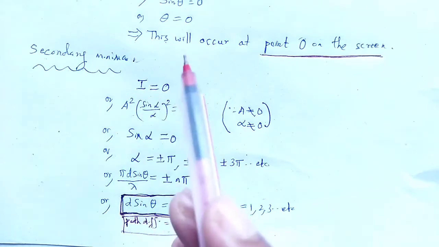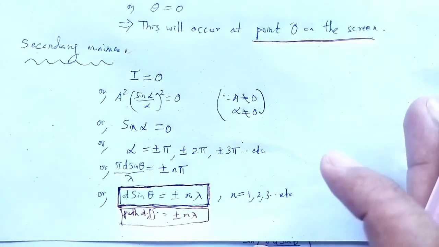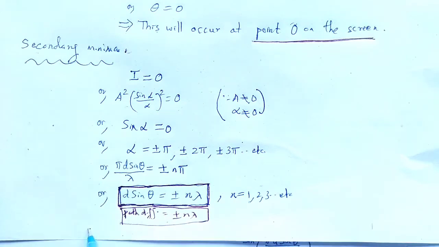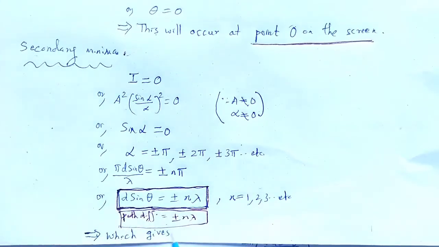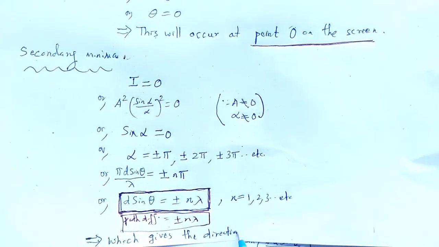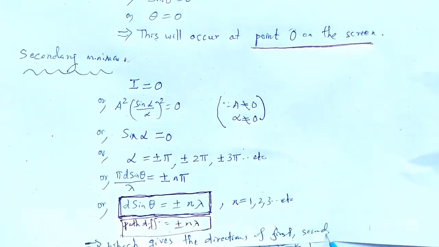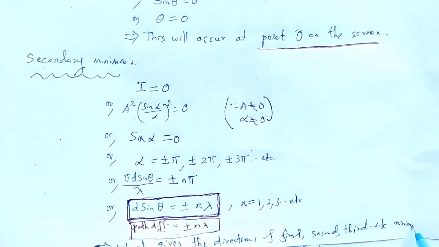From the intensity concept we derive the condition for minima in terms of wavelength, which gives the directions of first, second, third, etc. minimum.